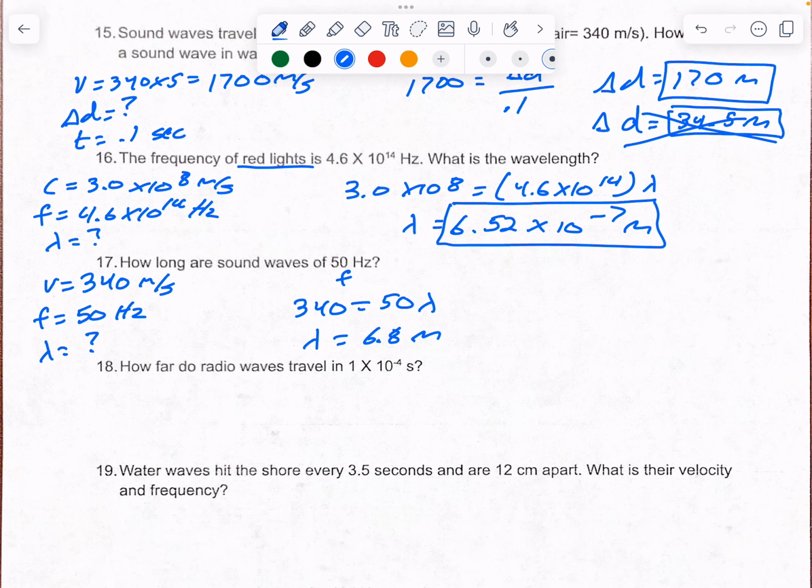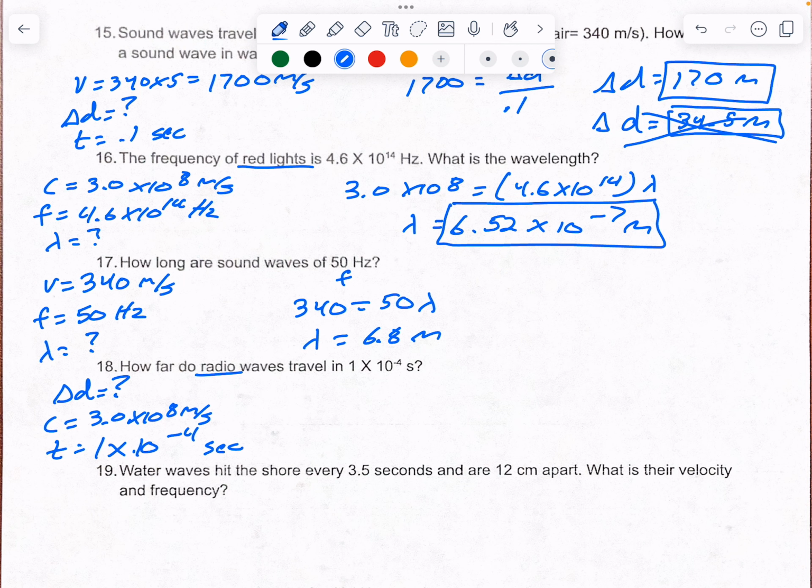How far do radio waves travel in 1 times 10 to the negative 4 seconds? That means you're looking for displacement or distance. Dealing with radio waves, so speed of light, 3.0 times 10 to the 8th. And I gave you time, 1 times 10 to the negative 4 seconds.